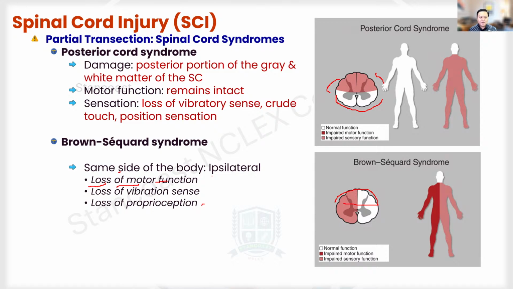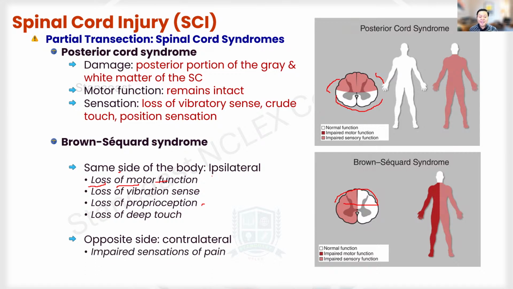Now take note here that in Brown-Séquard syndrome, there is what we call the opposite side or contralateral manifestation. So what do you think are the symptoms here? Well, regarding the patient's sensation, they will have loss in sensing pain. Also, the temperature will not be sensed by this patient.